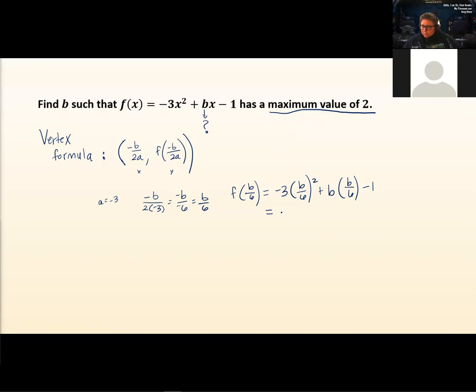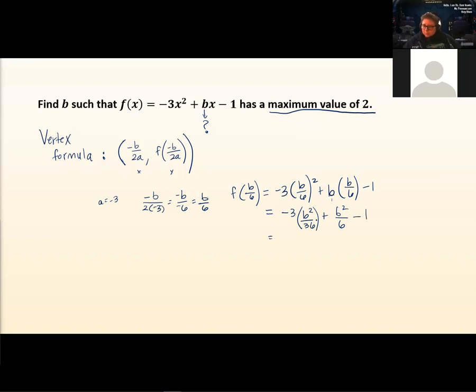So if we simplify this, this is -3 times b over 6 squared. So this is b squared over what? 36. And then we have plus b times b over 6, so b squared over 6. Remember, think of that b as b over 1. Minus 1.